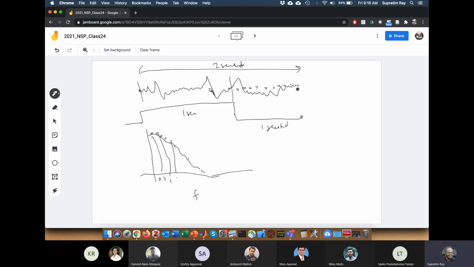But you don't have that luxury. You only look at the signal for 1 second and then you pad 1 second worth of zeros. So it's equivalent to having a 2 second long signal multiplied by this rect function, which is 1 for the first 1,000 points and then 0.